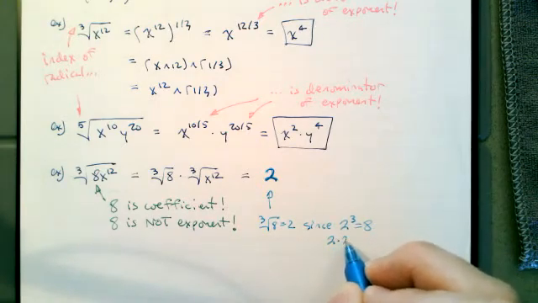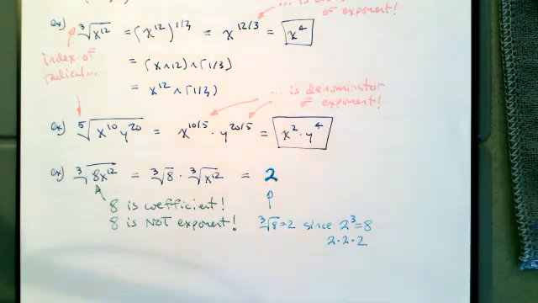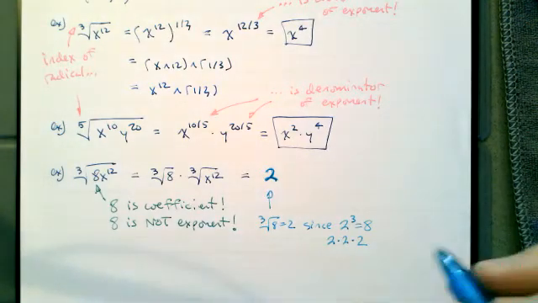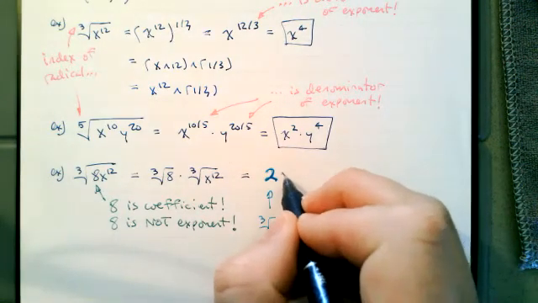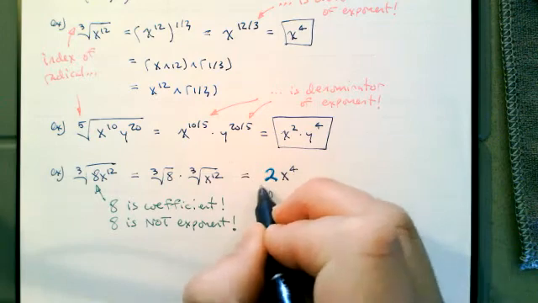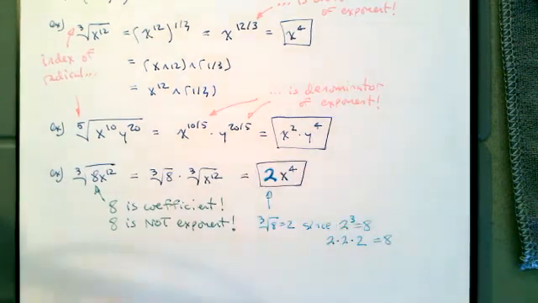That is 2 times 2 times 2 is equal to 8. The cube root of x to the 12th is x to the 4th like we had before. Any questions?